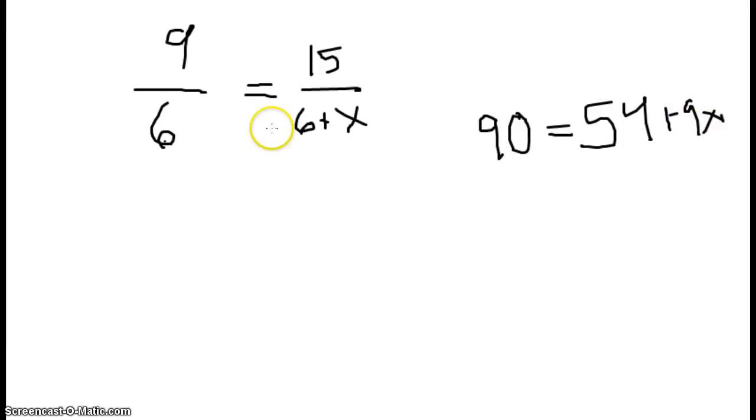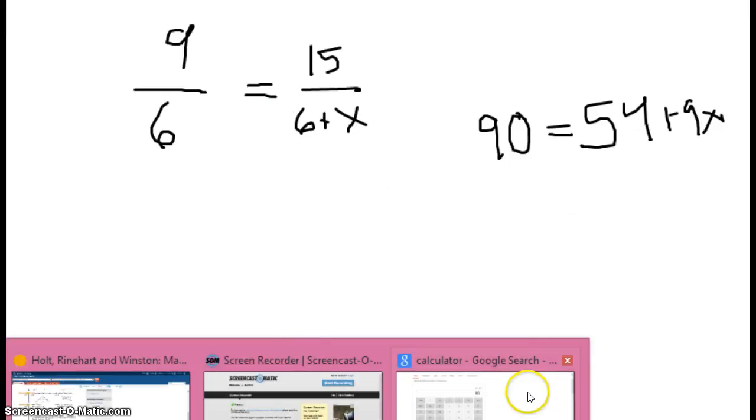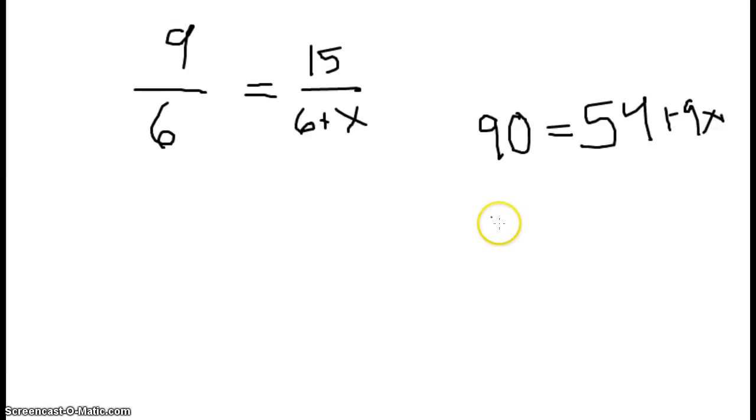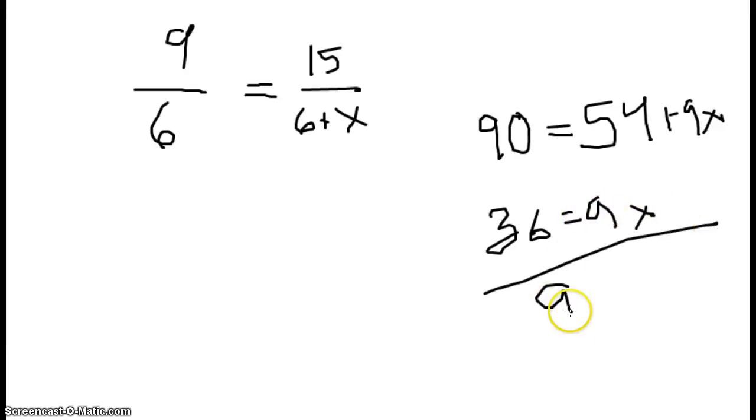So now we subtract 54 from 90. I'm just going to do it in my calculator because it's a little bit faster. So we get 36. 36 equals 9x, and divide the whole thing by 9 to get x.